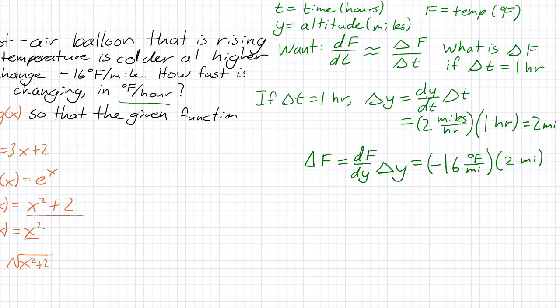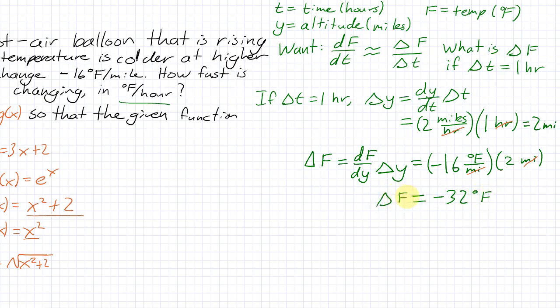So when you multiply these, the units essentially cancel out, just like the hours canceled out before, and we end up getting negative 16 degrees Fahrenheit times 2, which is equal to negative 32 degrees Fahrenheit.